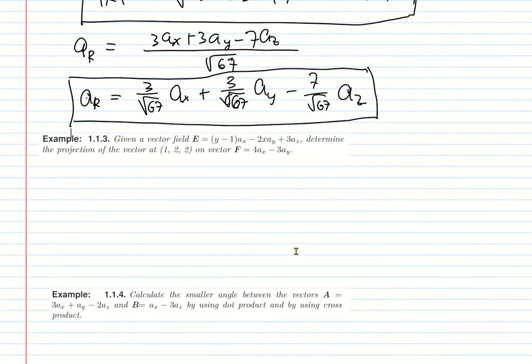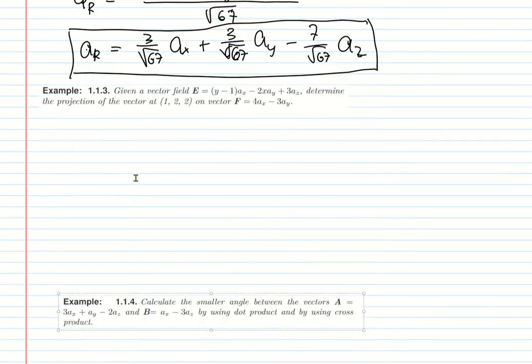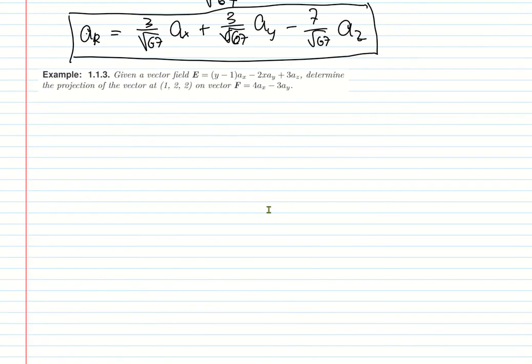Next, another example. This time, we're given a vector field. A vector field is similar to two-dimensional functions: if you have values for x, you get the value for the function f of x.